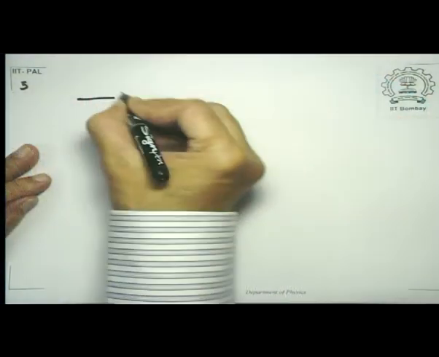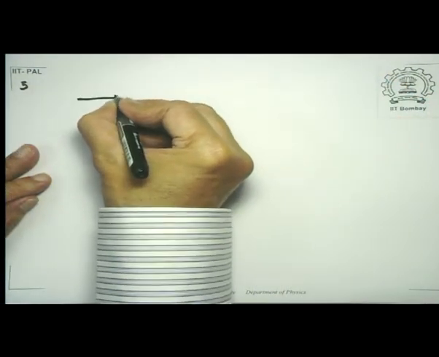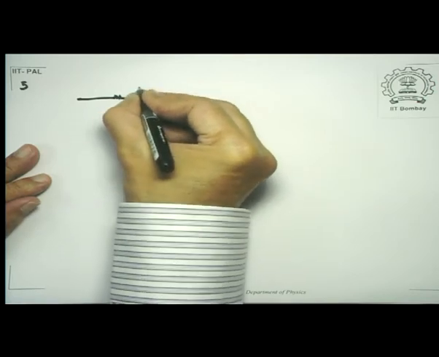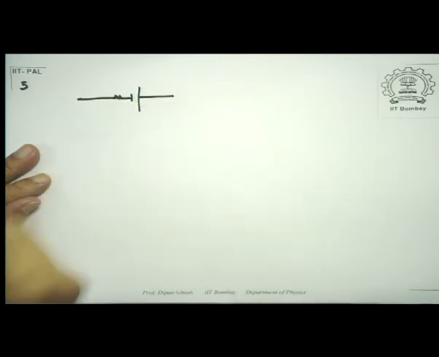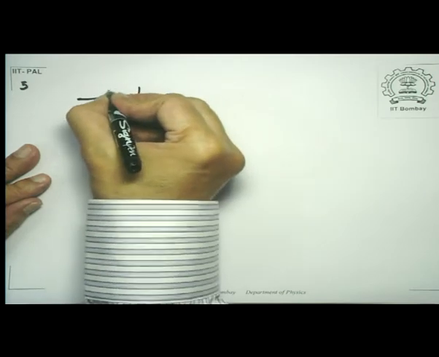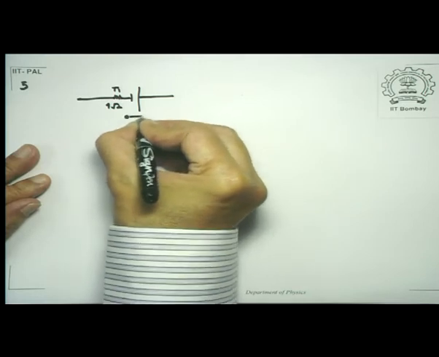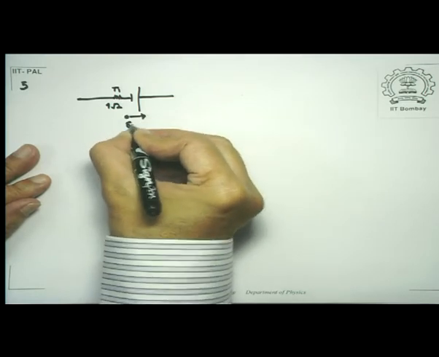So, here I have got two batteries. Let me say that the first battery is like this, and this has an internal resistance of R1, which is 1 ohm, and this is E1, which is 2 volts.